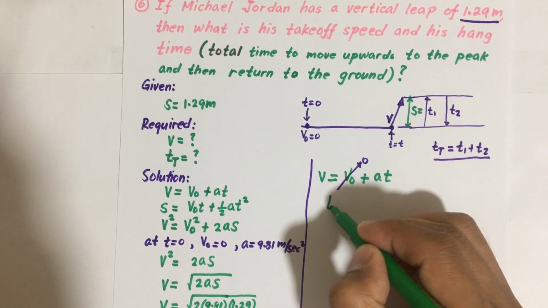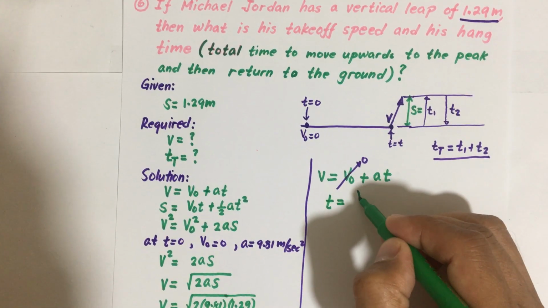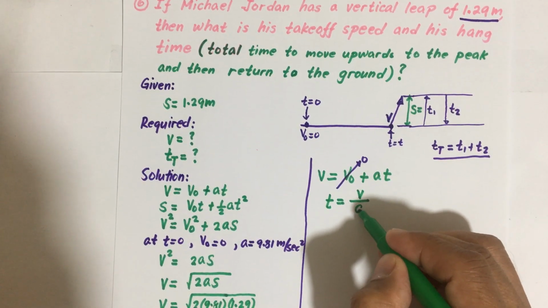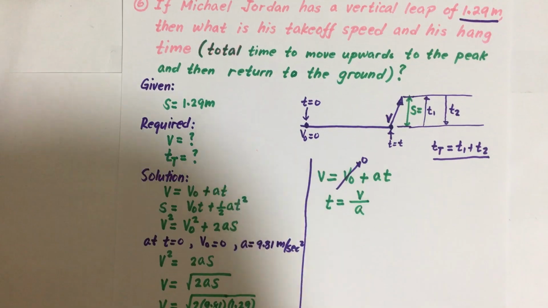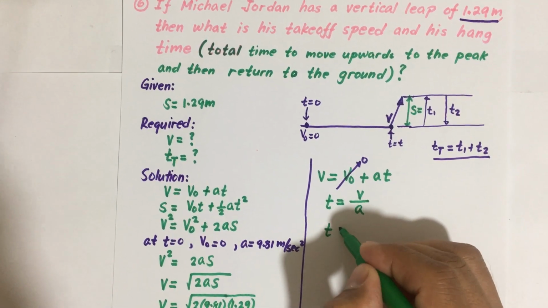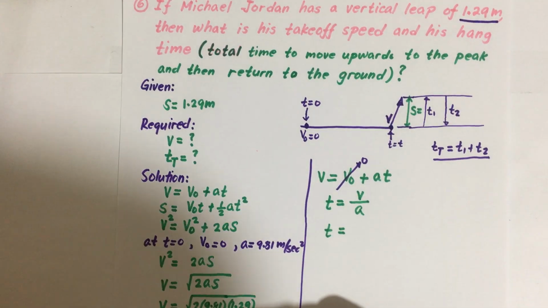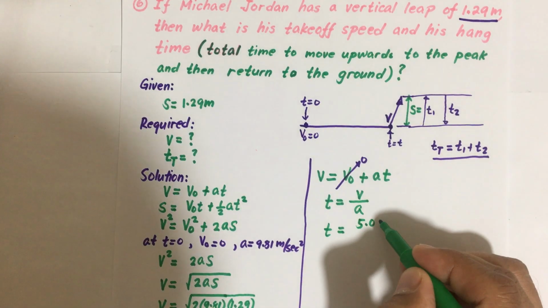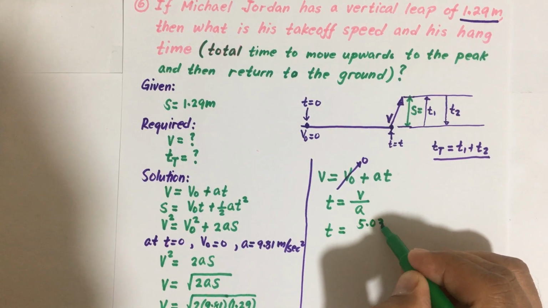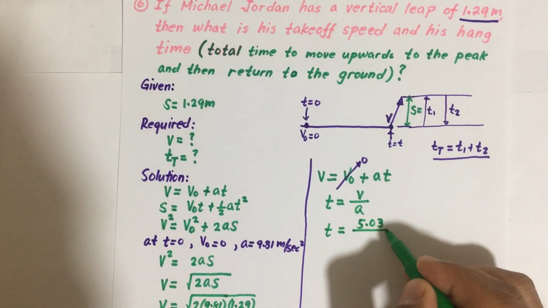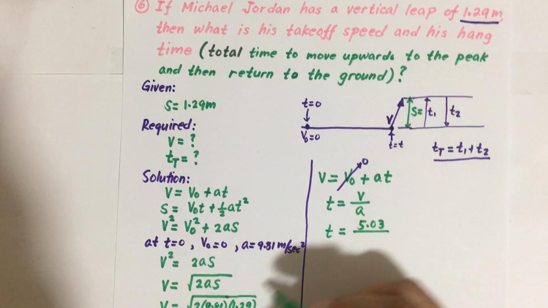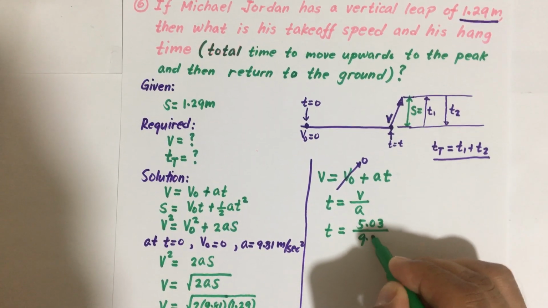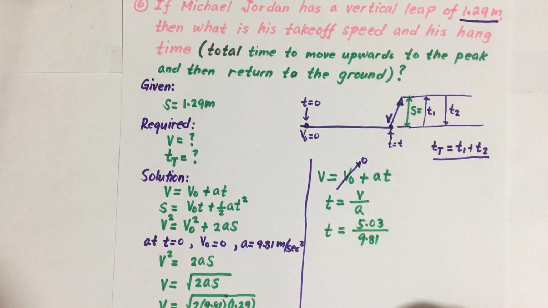From here we have t equal to v divided by a. So t is equal to the velocity calculated here, 5.03 meter per second, divided by the gravitational acceleration, which is 9.81 meter per second squared.